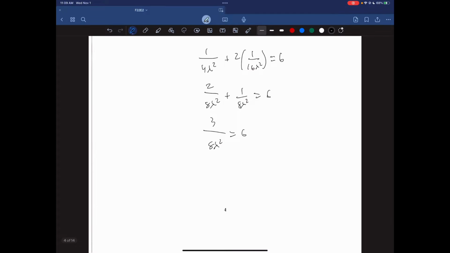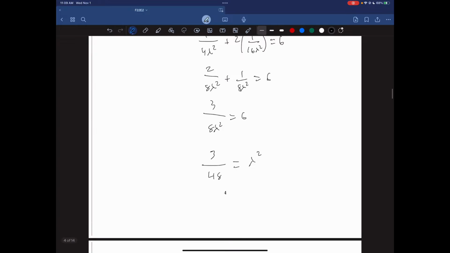And we can just kind of see that 3 over 48 equals lambda squared, or sorry, this is just 1/16 equals lambda squared, so lambda is going to be plus or minus 1/4.